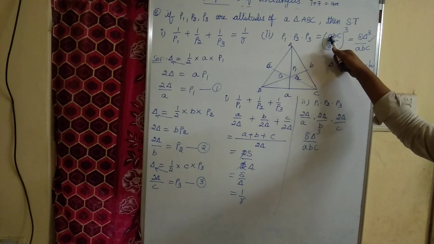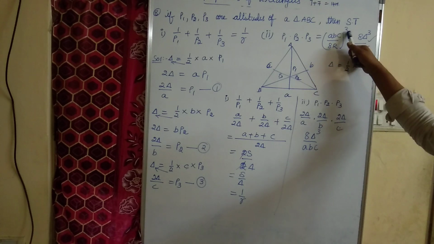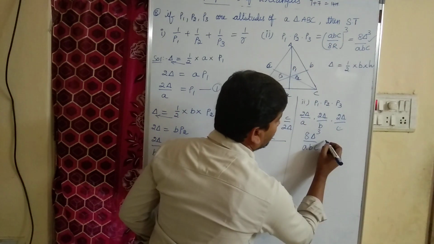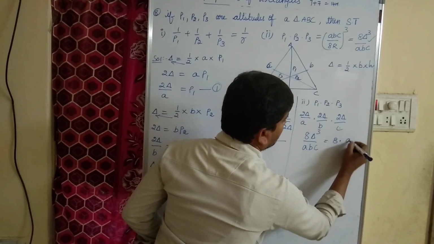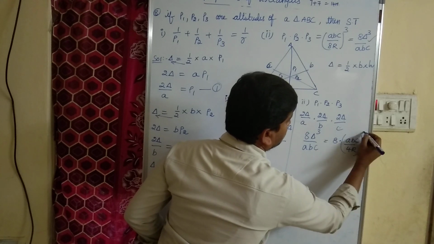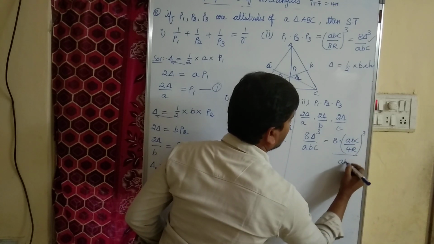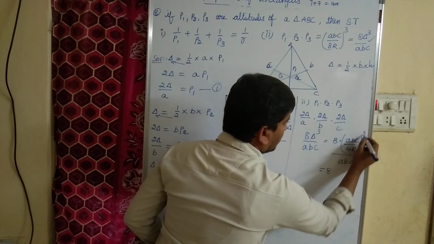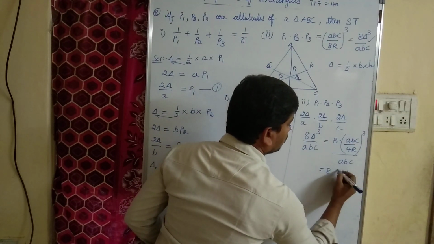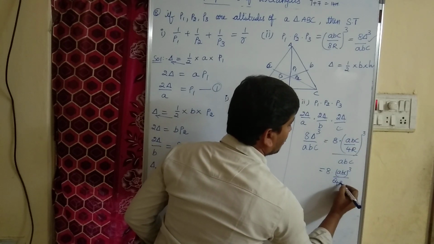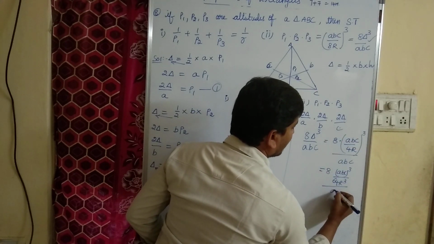They are also asking to prove that (ABC by 8R) whole cube. Right? So we know that the formula for delta is ABC by 4R. So 8 into (ABC) whole cube divided by 4 cube means 64 R cube divided by ABC.